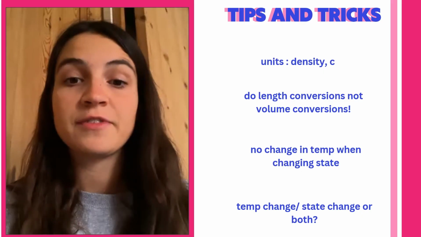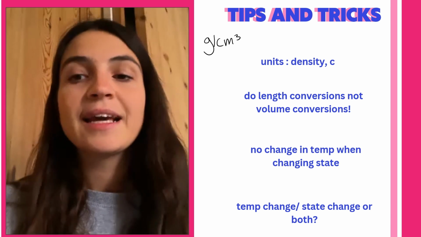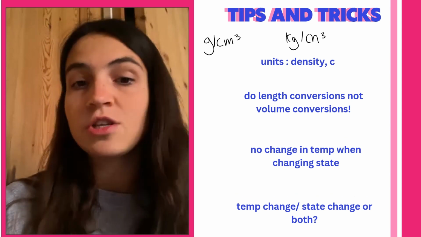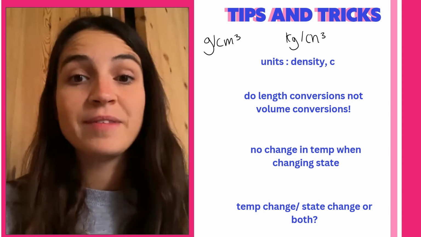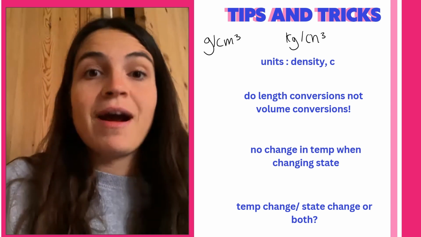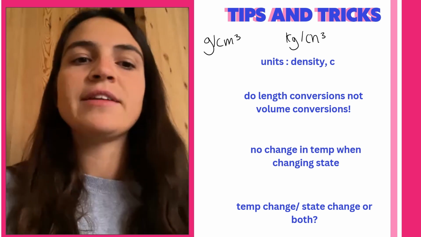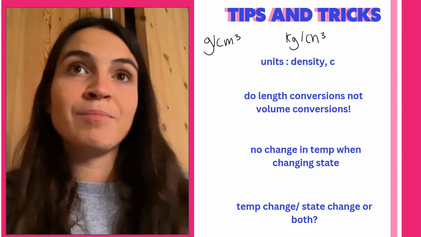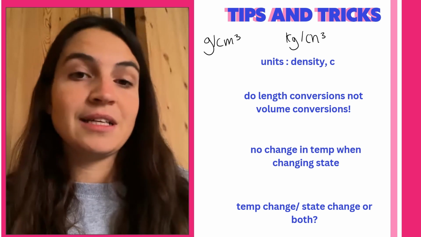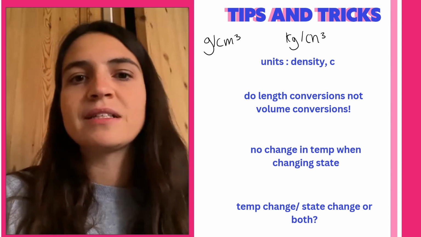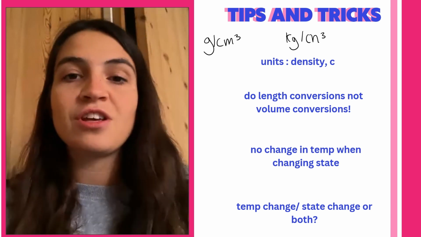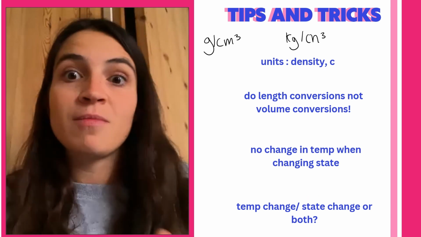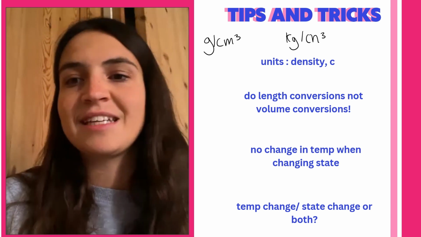Firstly, your units for the section. So density can either be grams per centimetre cubed or kilogram per metre cubed. What I'm saying here is that when you're trying to figure out the density of something, you need to know, do you need your mass in grams and your volume in centimetres cubed, or kilograms and metres cubed? And you need to check the density units match the units of the mass and volume that you use to calculate the density.